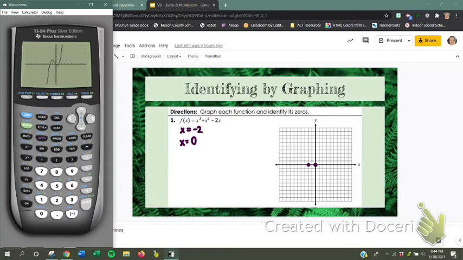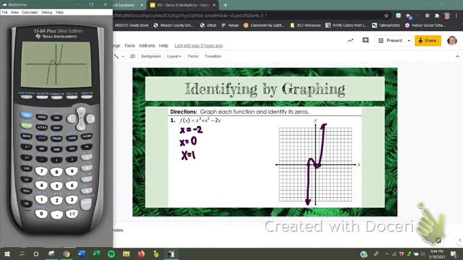Then our last zero looks like it is at +1, and so I'm going to put that dot right here. As we look at the general shape of the graph, we can just sketch it from here. It does not have to be perfect, just close enough is fine. But you do want to have those 3 zeros clearly identified and also write them all.